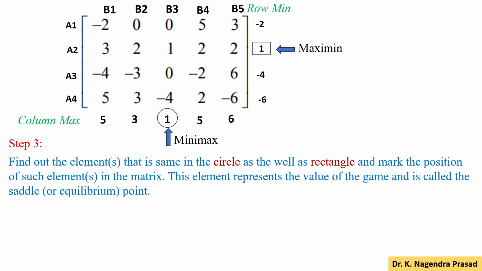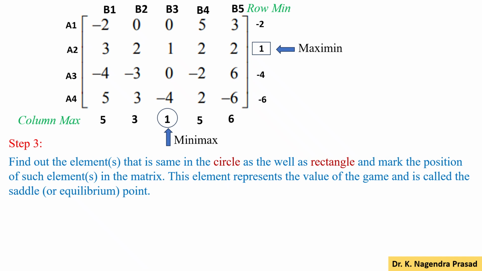So the next step is to find the elements that are the same in the circle as well as the rectangle and mark the positions of such elements in the matrix. This element represents the value of the game and we also call it the saddle point.